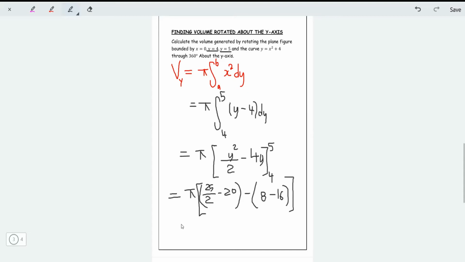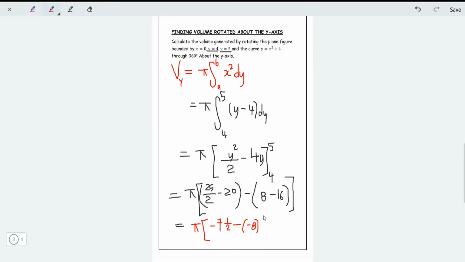And so that is going to work out to be 25 over 2 minus 20, which is minus 7.5, minus, now 8 minus 16, 8 minus 16 is minus 8.